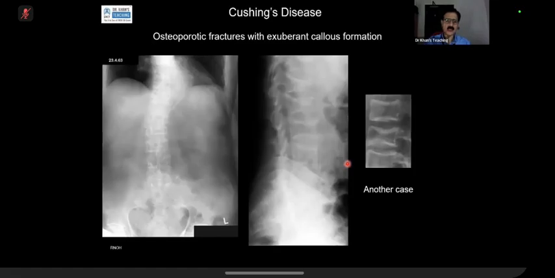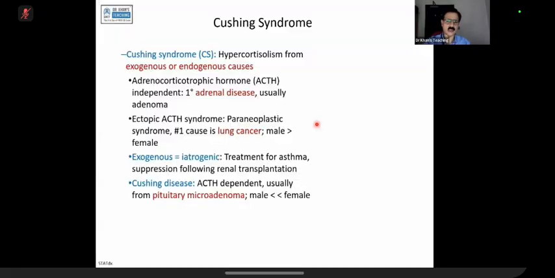The key thing to remember is the callus formation, which is exuberant, and this is quite a unique phenomenon in Cushing's. So you will see these fractures, and the sclerosis is slightly more than what is expected, because of exuberant callus formation.